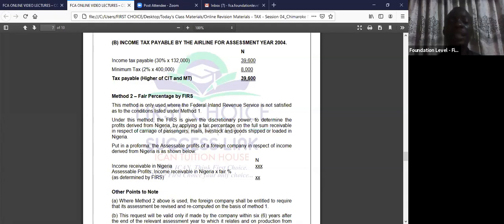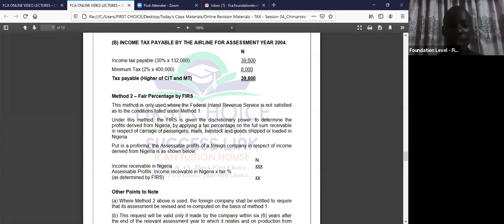So when they are not satisfied using method 1, the FIRS will say, we have our own special power to determine how much we are going to use as your taxable profits, your assessable profits. So they use a fair percentage.